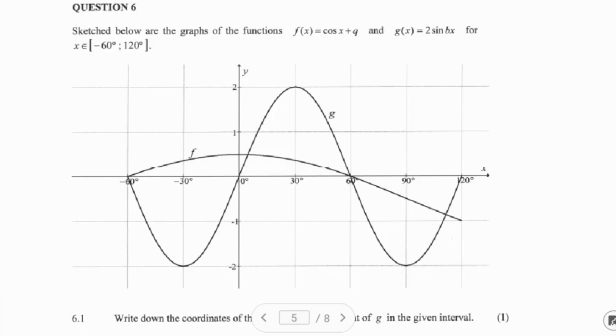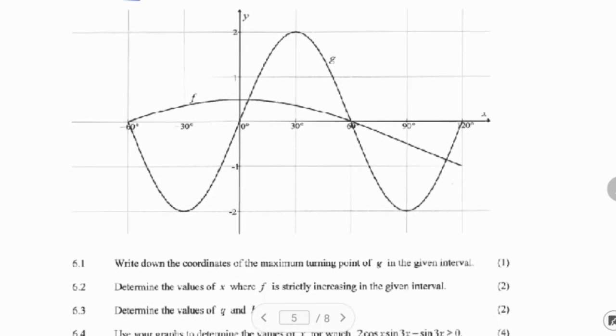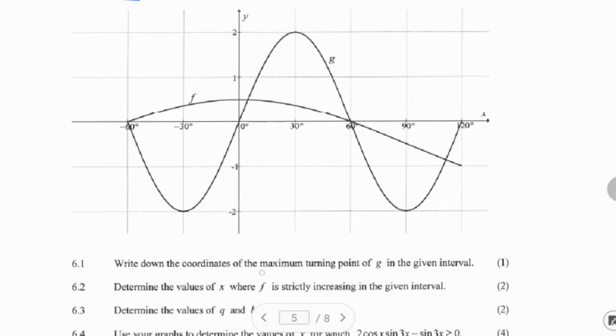Okay, let's look at this one here. We're given f at x is cos x plus q, g at x is 2 sine bx, between minus 60 and 120. First question, you need to find the coordinates of the maximum turning points of g. There's the turning point.